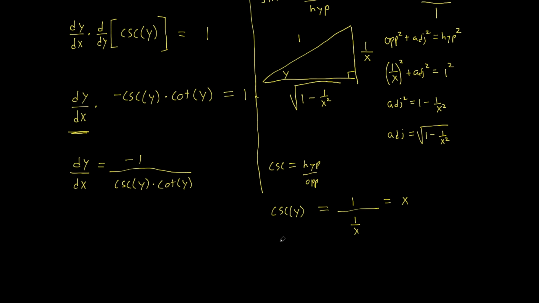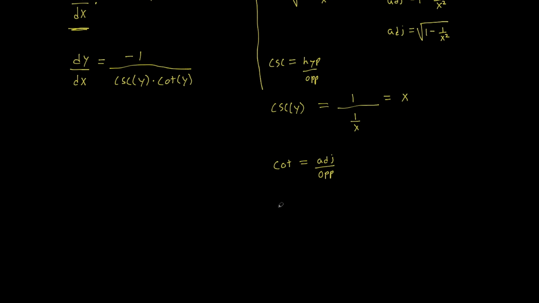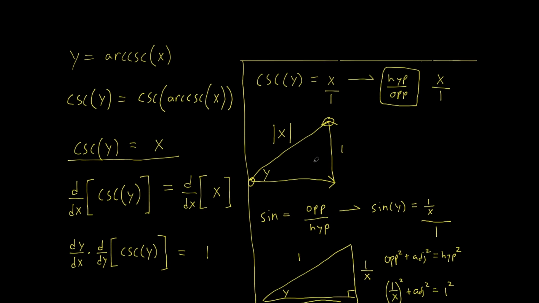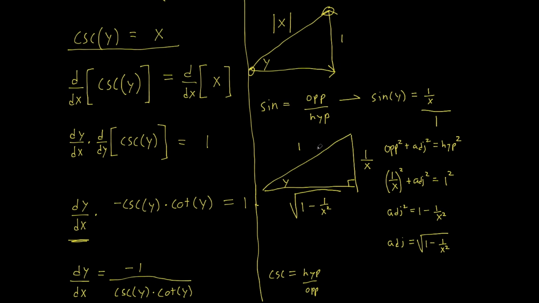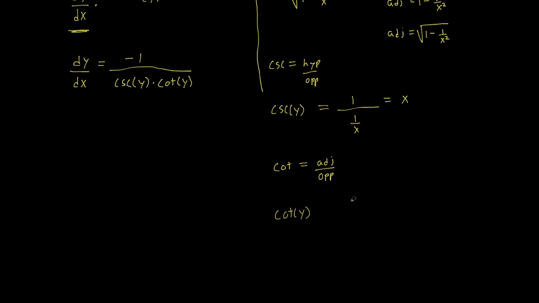Cotangent is equal to adjacent over opposite. So cotangent of y is going to equal, let's take a look at the adjacent side. Adjacent is square root of 1 minus 1 over x squared.